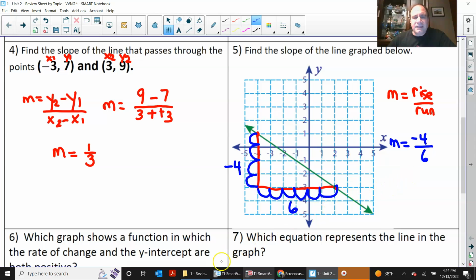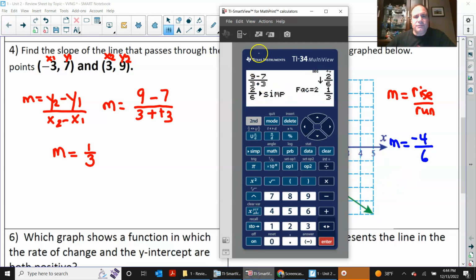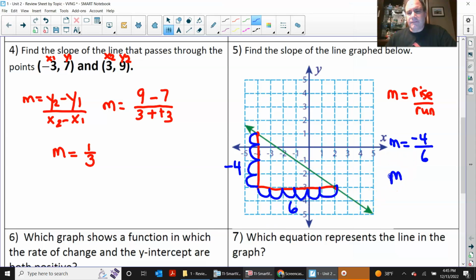If I reduce that, and if you don't know how to reduce, you could bring up your calculator and put in from the fraction symbol right there, negative 4 over 6. And if you press enter, it'll give you the negative 4 over 6 again with the arrow down. So you press simp and you enter, and it'll give you that it is negative 2 over 3.